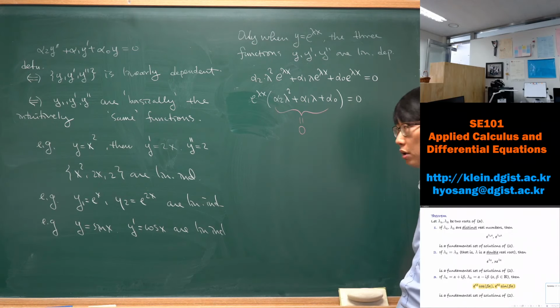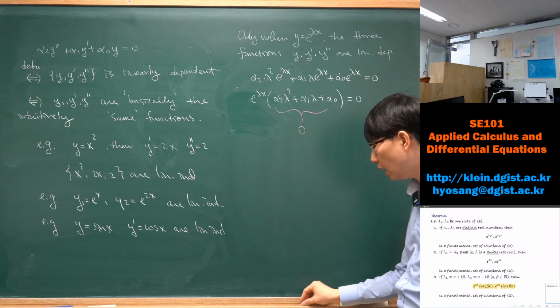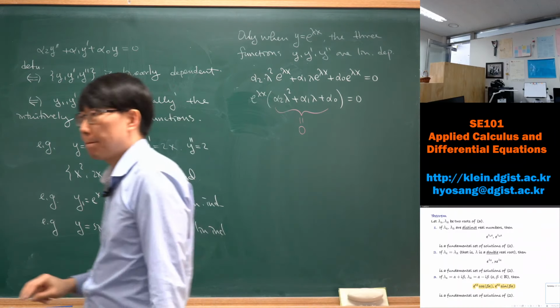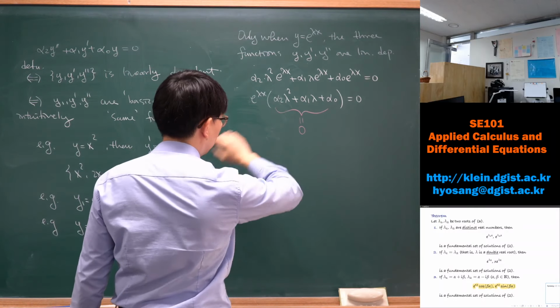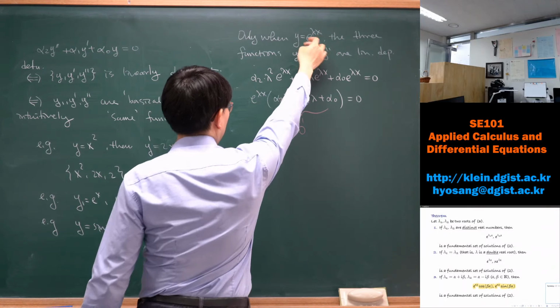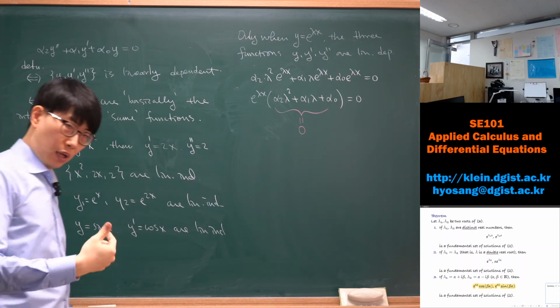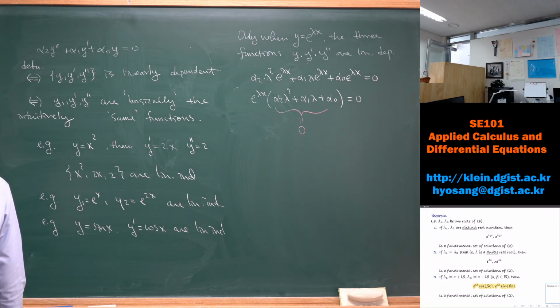That's the characteristic polynomial. Now, that tells you the first part of the theorem. So if you have two real roots, then you can have two possible functions as your fundamental solution.